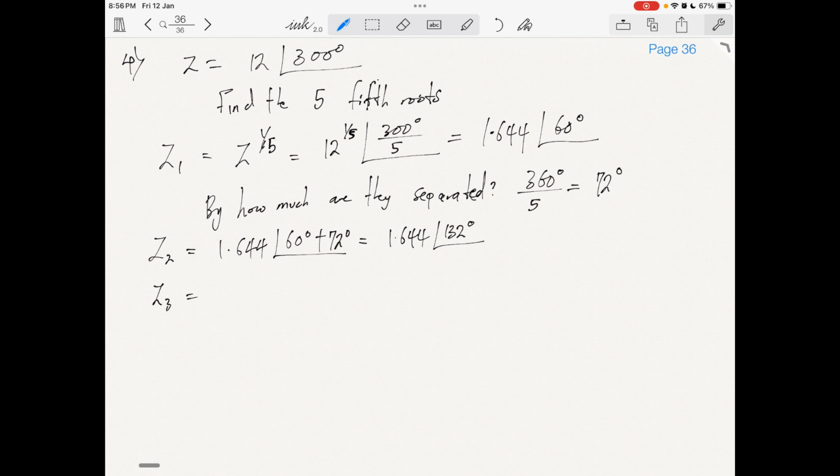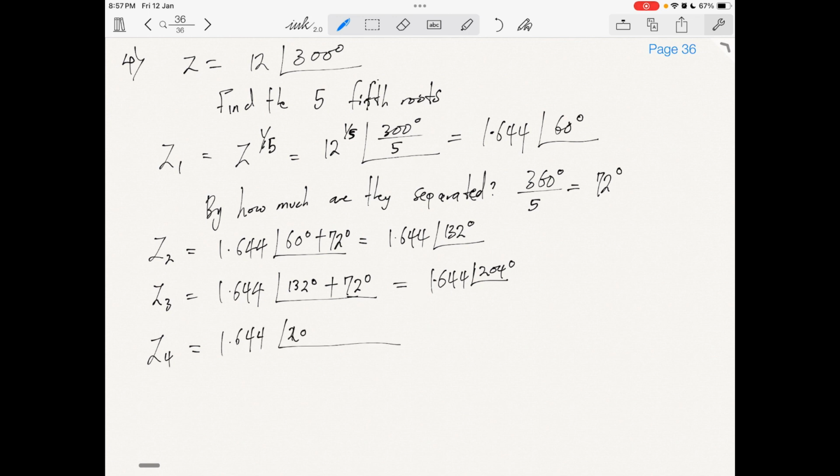Z3 is separated from Z2 by 72 degrees, so this will give us 1.644 argument 132 degrees plus 72 degrees. Remember, we are taking the one preceding it, which will give us 1.644 argument 204 degrees, and Z4 is 1.644 argument 204 degrees plus 72 degrees.